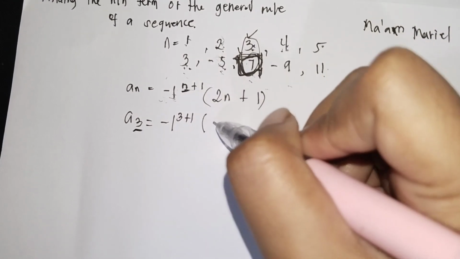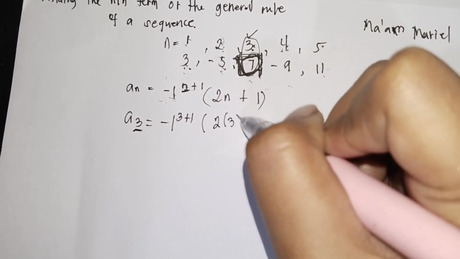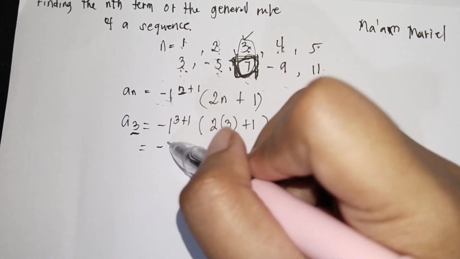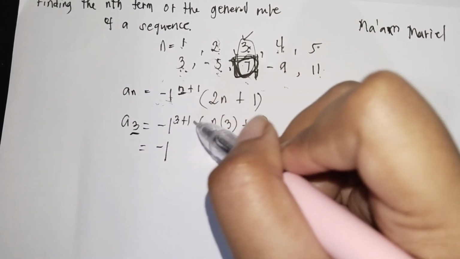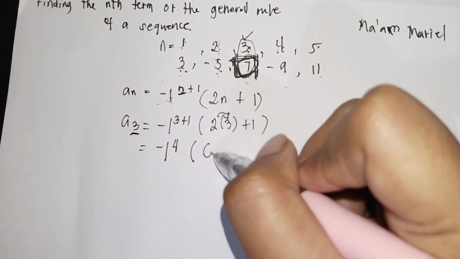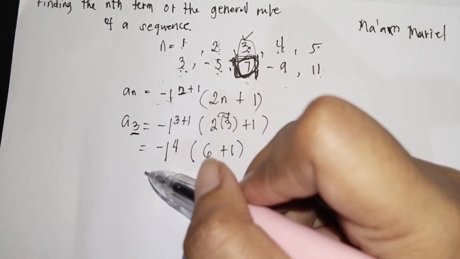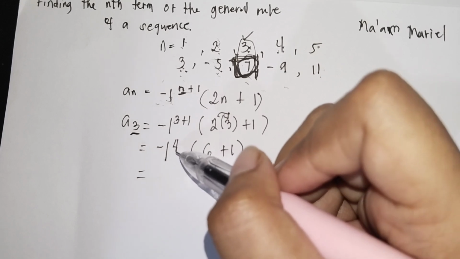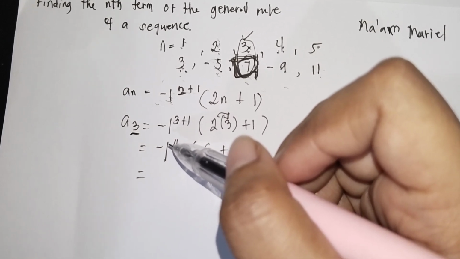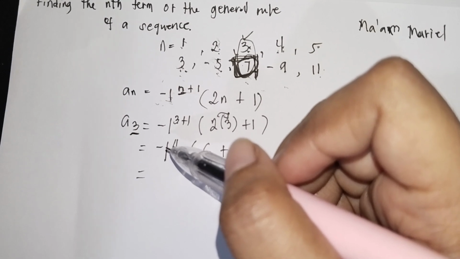So, 3 plus 1 times 2 times 3 plus 1. Ayan, okay? The next, negative 1 raised to 3 plus 1 is 4. And then, 2 times 3 is 6 plus 1. And then, negative 1 raised to 4. Negative 1 raised to 4 means negative 1 times negative 1 times negative 1 times negative 1.